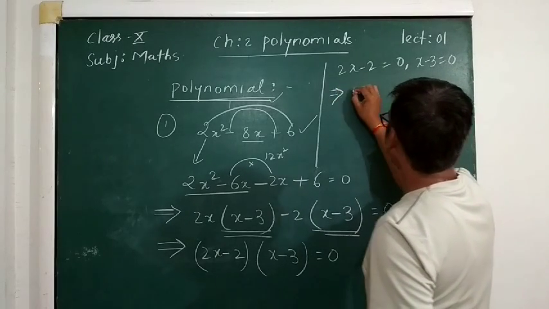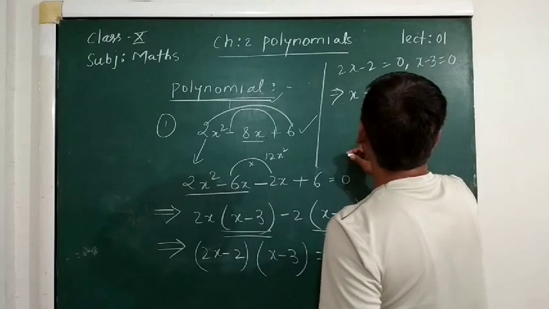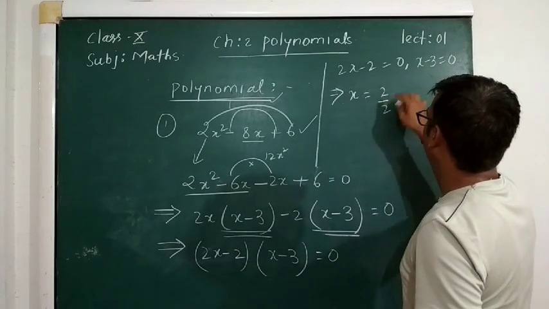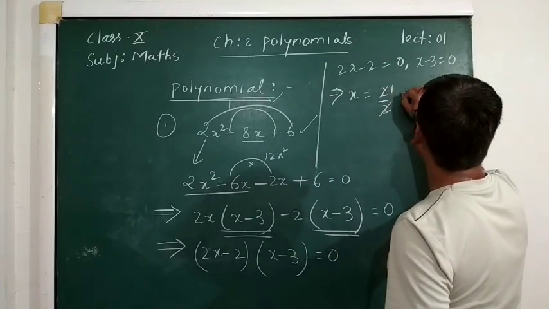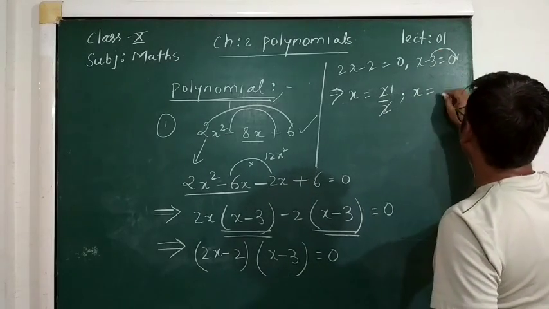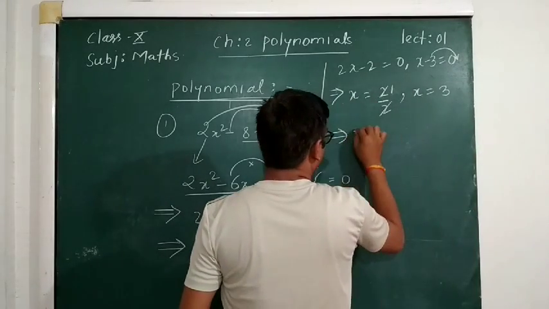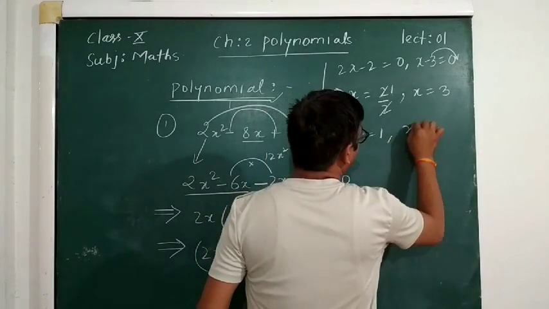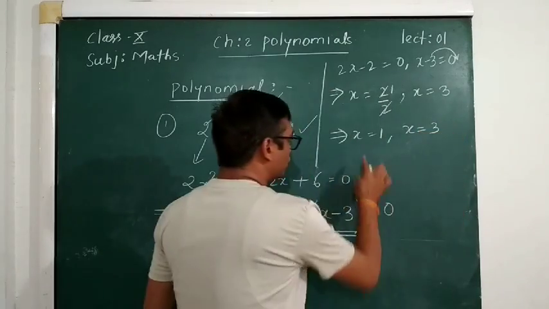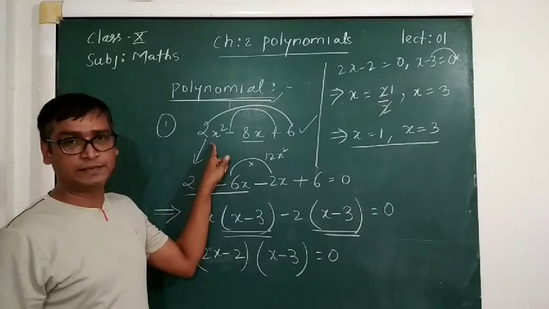So here it will be x is equal to 2 by 2. We will take division, so it will get 1. Then x is equal to 3. Okay, means x is equal to 1 and x is equal to 3. These two values are the zeros of this polynomial.